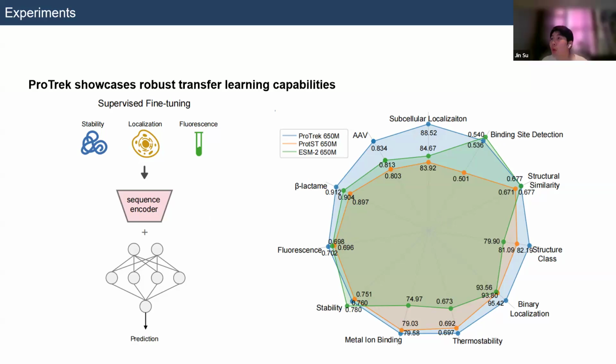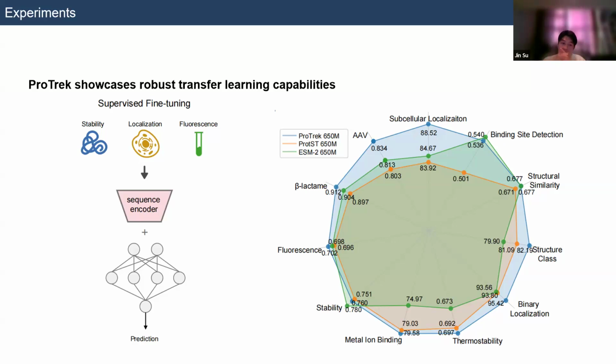And what would be the best approach to search for homologs using ProTrek? Given an existing enzyme, would you recommend using sequence, function, or structure first, or can you use all of them simultaneously? Actually, you can use all of them simultaneously.